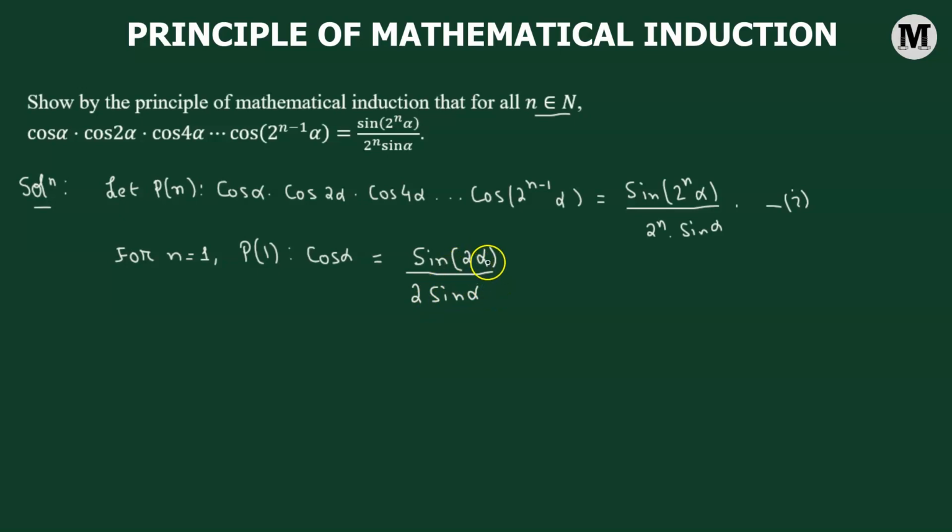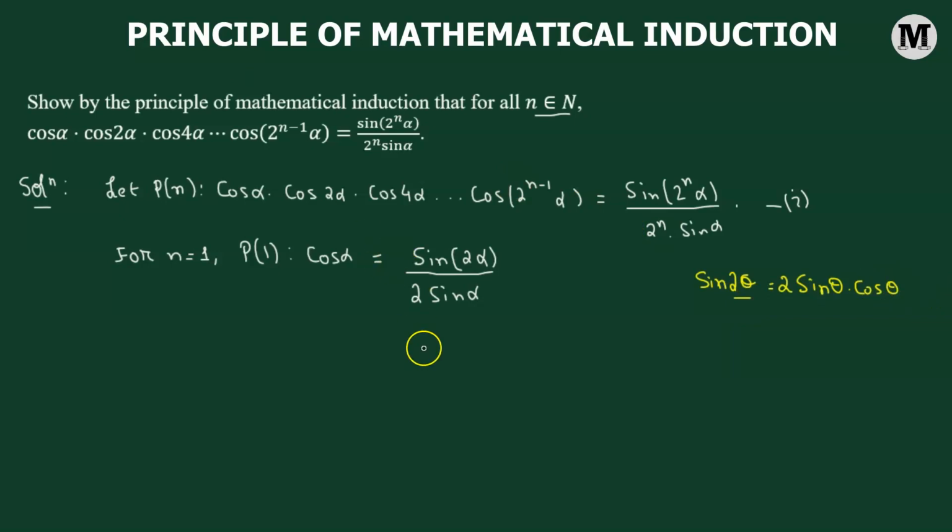Fine. Now sine of 2 alpha, we can expand this using the half angle formula. We know that if we have sine of 2 theta, this is simply equal to 2 times sine of half of the angle 2 theta, so that's theta, multiplied by cosine of half of the angle 2 theta, so that's theta.